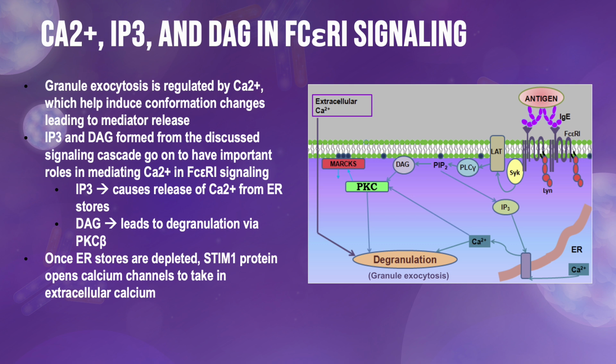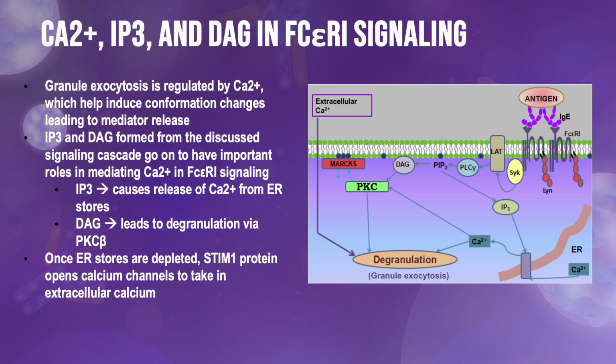So in order to bump up our calcium levels, we're going to have IP3 stimulate the endoplasmic reticulum to release internal stores of calcium, calcium ions specifically. And then once the endoplasmic reticulum stores are depleted, this protein called STIM1 is going to open calcium channels that will allow extracellular calcium to enter the cell and replete those stores.